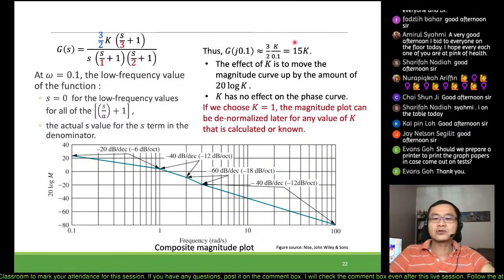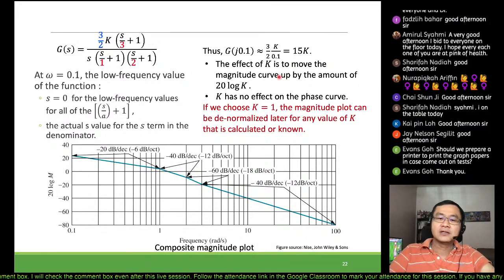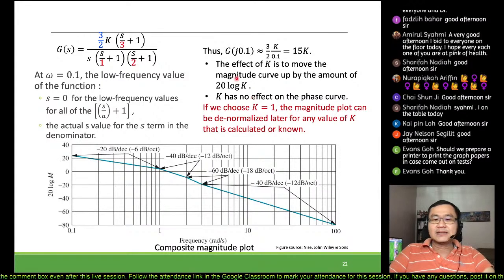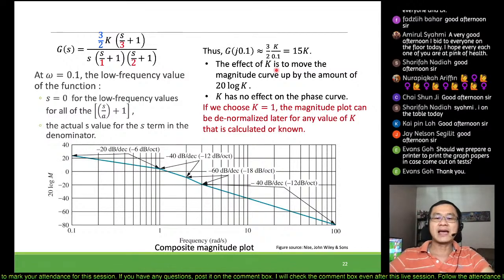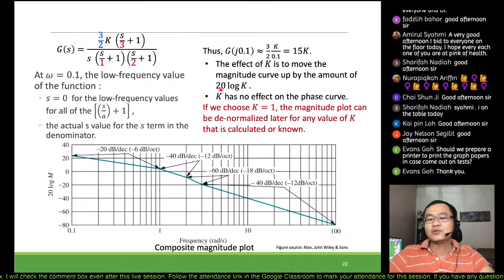So we have this 15k to represent this particular value. Next, we can see that the effect of k is to move the curve up or down by a magnitude of 20 log k. By this understanding, we can actually get the starting value.